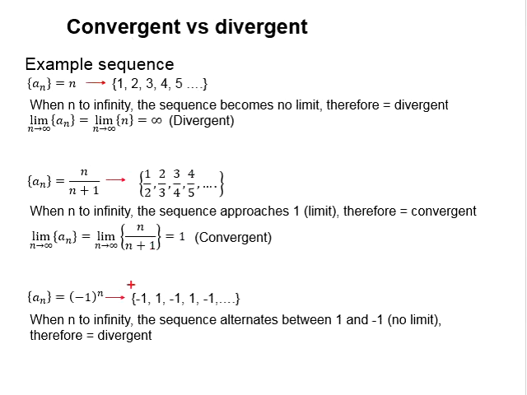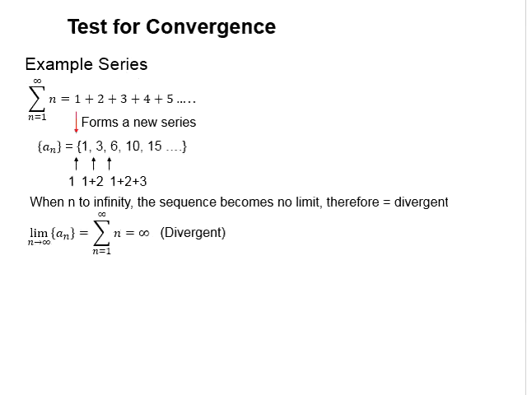What you see here is that the sequence will alternate from -1 to 1 and -1 and to 1 forever. This comes to another case of no limit, as there will be forever 1 and -1, and this is known as divergent.